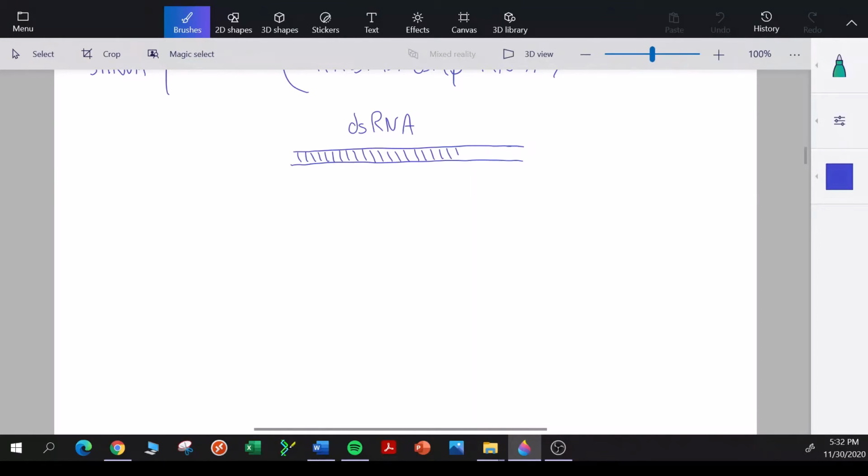Also could be a result of a virus that forms a double-stranded RNA molecule as part of its life cycle. So this double-stranded RNA should be longer than at least 25 base pairs to trigger RNAi. And we're going to see why in a moment.